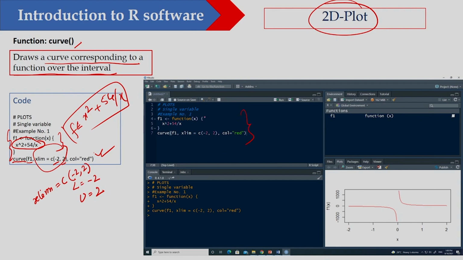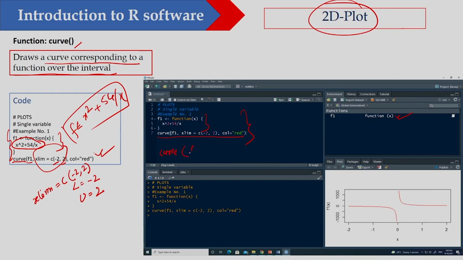So, you can see that initially I have defined this function. So, you are getting this function, and once you have this function, you can plot it using the curve function. Now, suppose I would like to plot this particular function between minus 5 and plus 5. So, what will I do? I will write curve, okay.